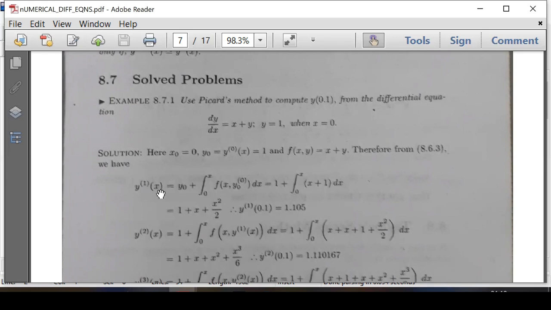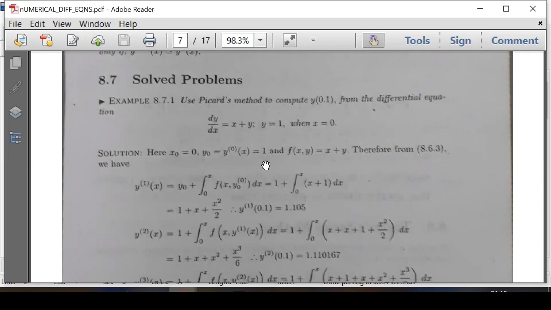Then we put the desired value here, x is 0.1, so that is the first approximation of y at the point 0.1, given by this value. Again we go to the next approximation and follow the same procedure. Now f of x, y1. So x plus y: here we put 1 plus x square by 2, since we have already obtained the integration formula, we just use it here.